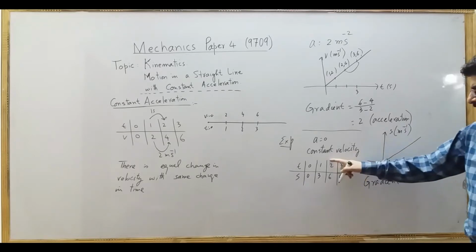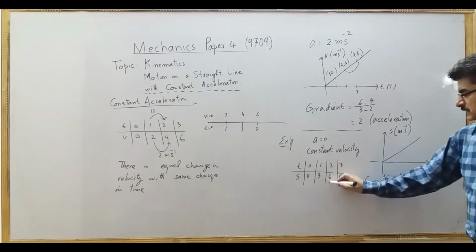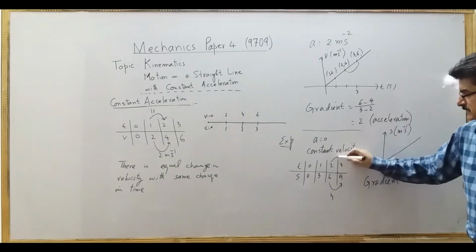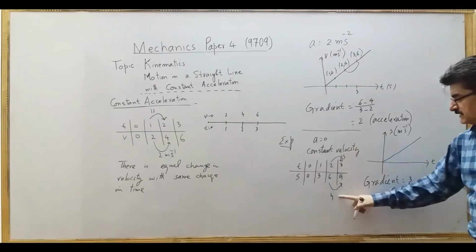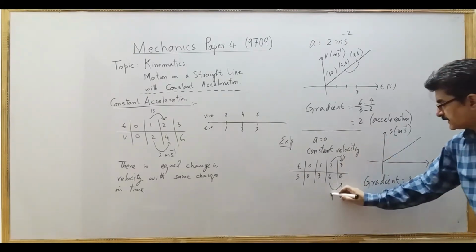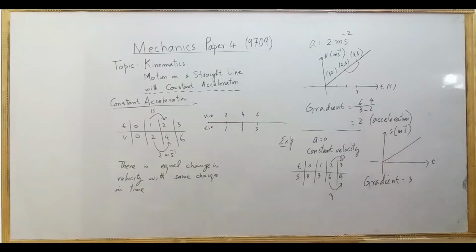Change in displacement is 3 and change in time is 1 second. So change in displacement in 1 second is 3. So this is the velocity. Now see that the gradient of displacement time graph is velocity.